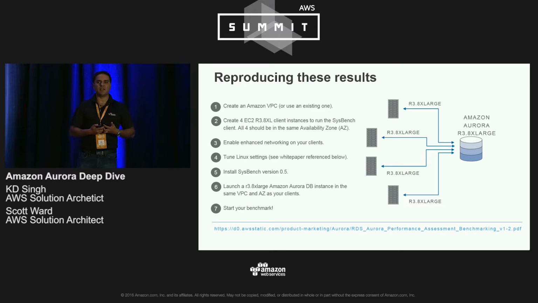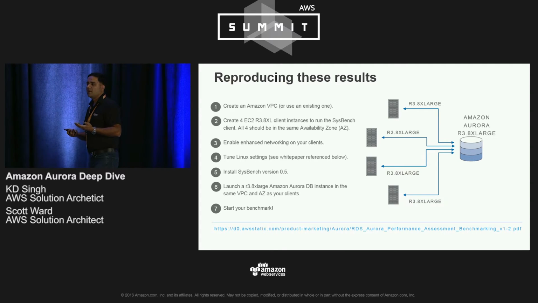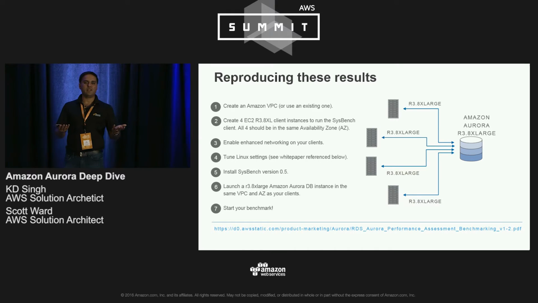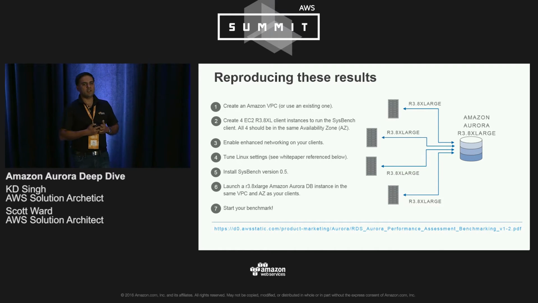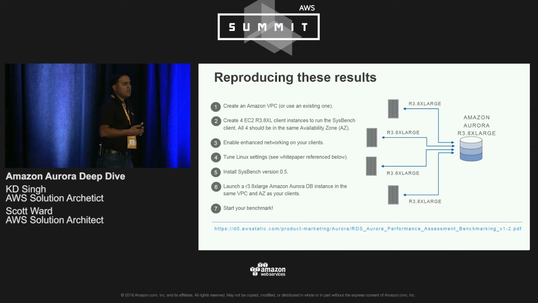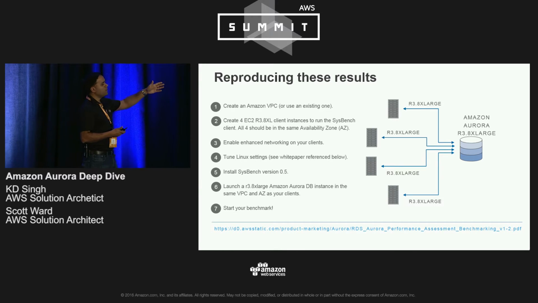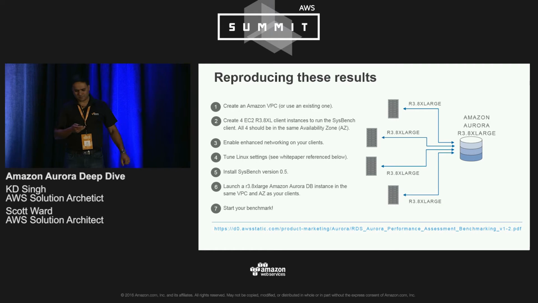Use more advanced EC2 instances for your Aurora clients with enhanced networking turned on for good network throughput. You have to tune your Linux, and we show you how to tune your Linux to get good performance. So you can get to those numbers. But the more important thing is these are some of the best practices that you can also follow to get good performance out of Aurora.